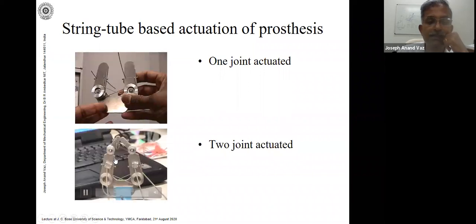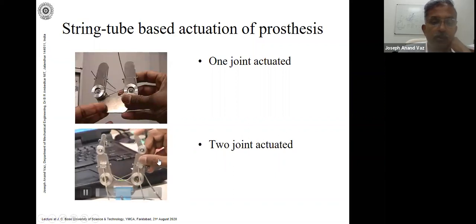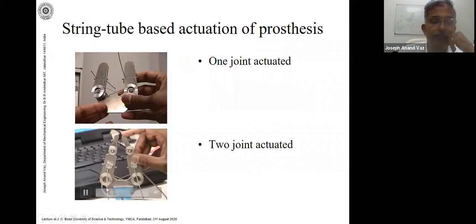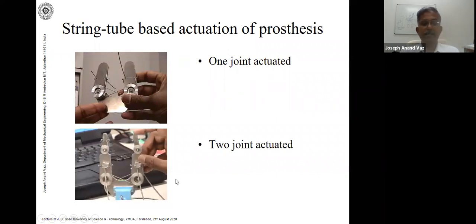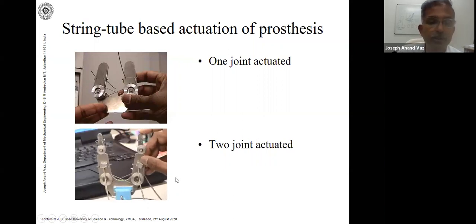Let's take this case where we have two joints now. Focus on the second joint. You can see the axes are able to move, but this joint is just following the other joint exactly in the opposite direction. And that is because of the string tube mechanics. This has been modeled using bond graph.